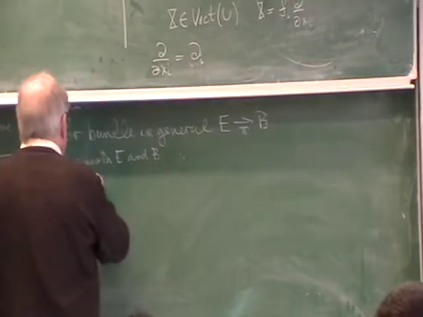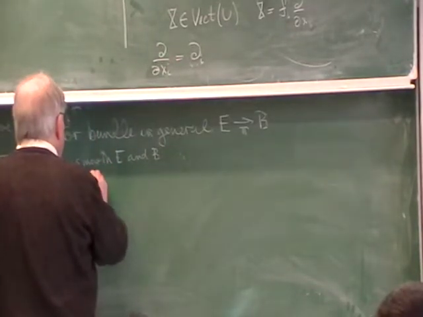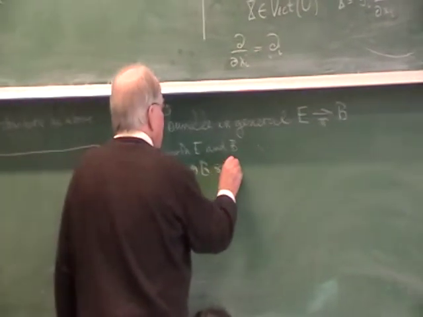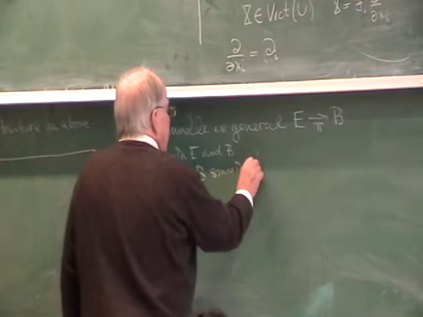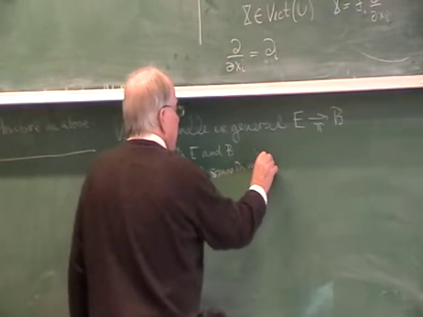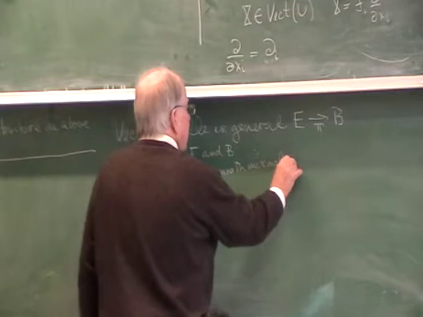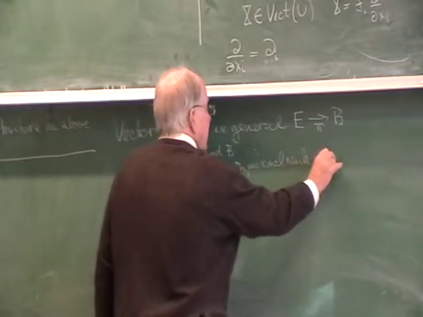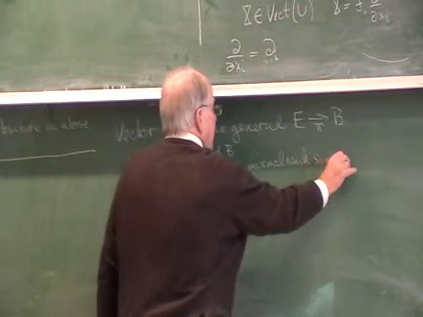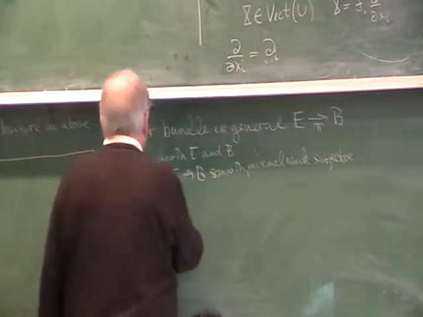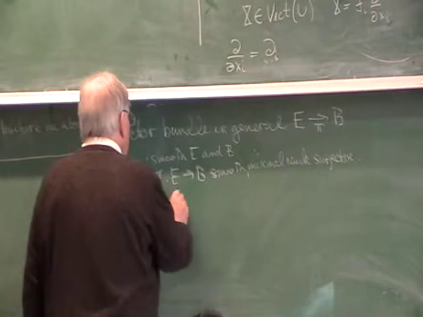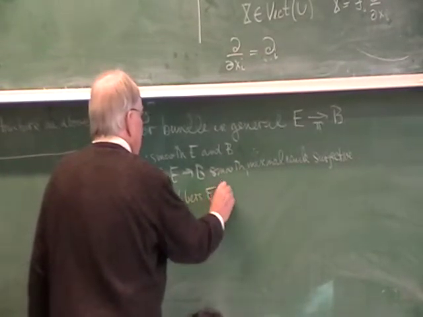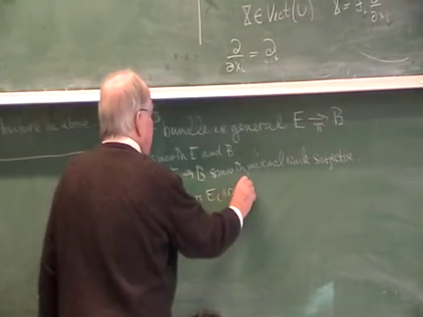The map pi from upstairs to downstairs is smooth, maximal rank, surjective, and all fibers E_x are vector spaces.